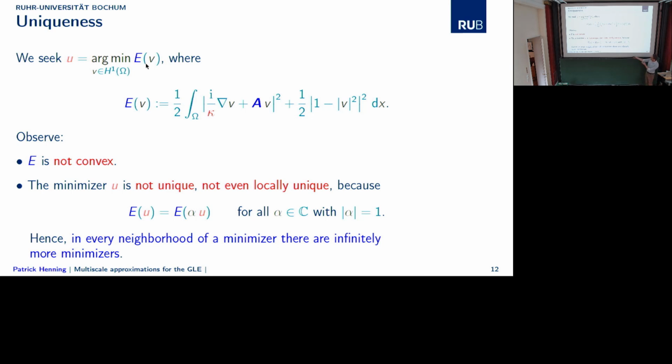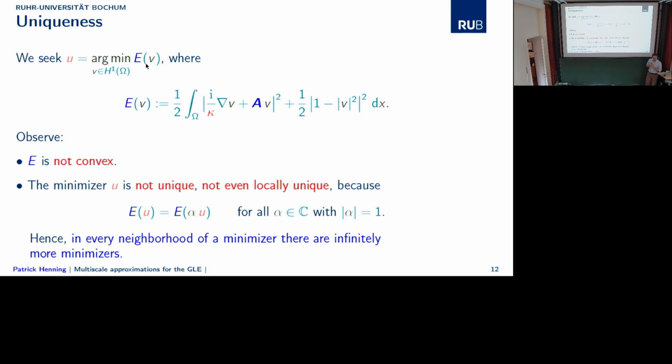Let's say you multiply your function U, whatever it is, could be your minimizer, with a complex number that is 1 in modulus, then it's easily seen that this will not change the value of your energy, it remains the same.